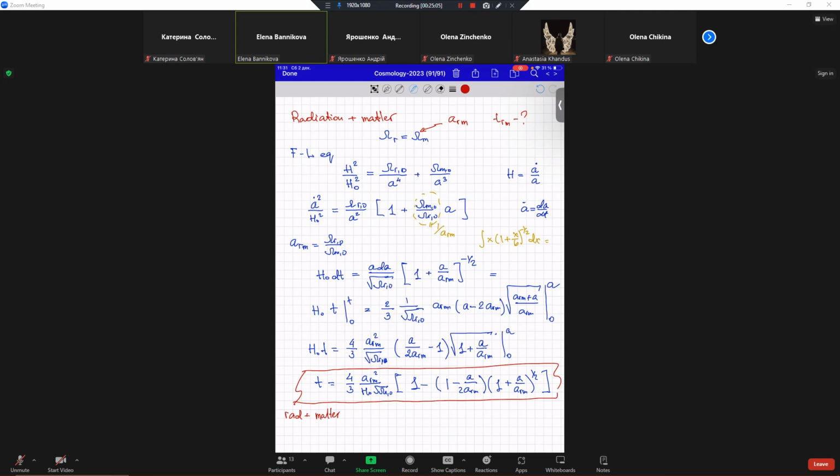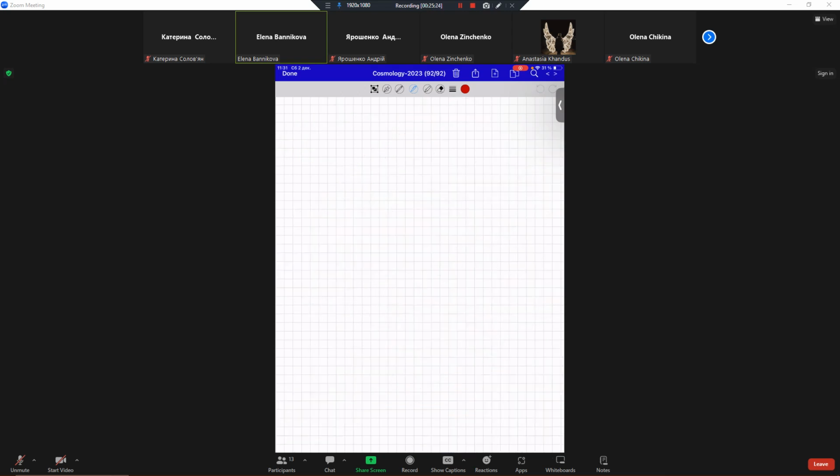And for example, we can see that if we are in the stage which corresponds to radiation, so the radiation stage, it means that the scale factor is much less than the value a_eq.